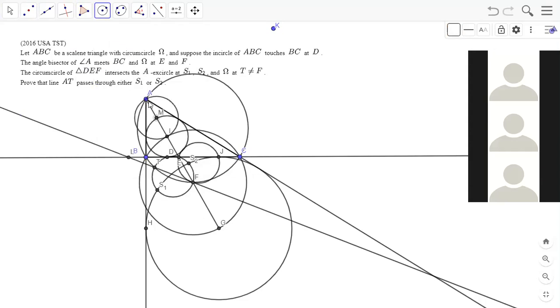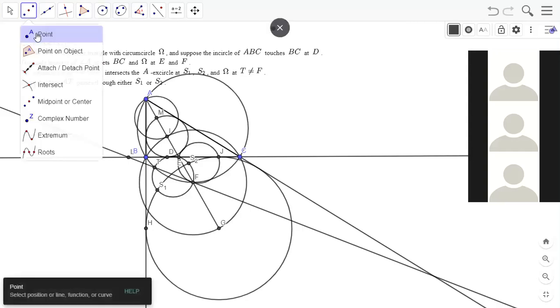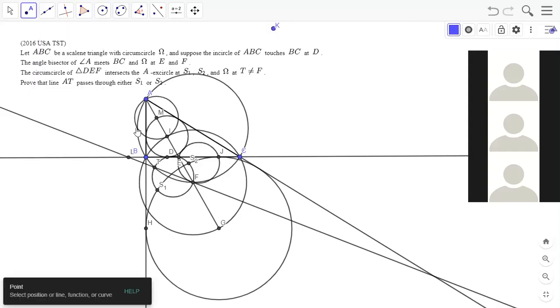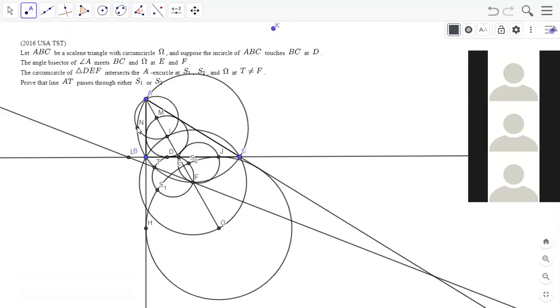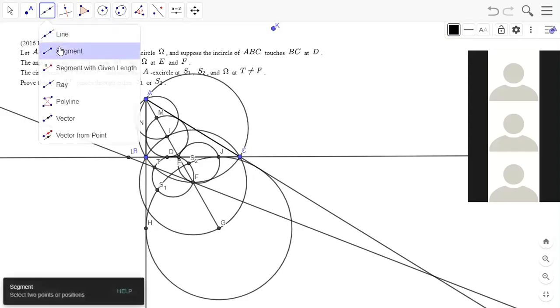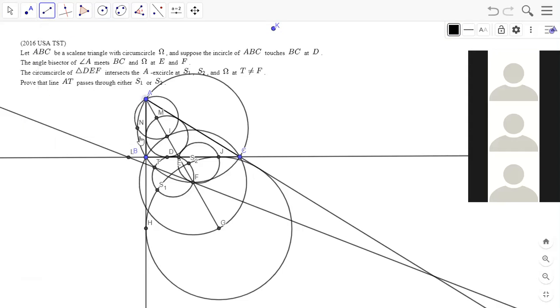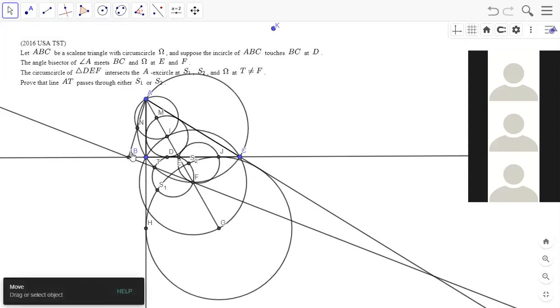So that point, A and L will be collinear. Okay. And N, D, F is collinear as well.